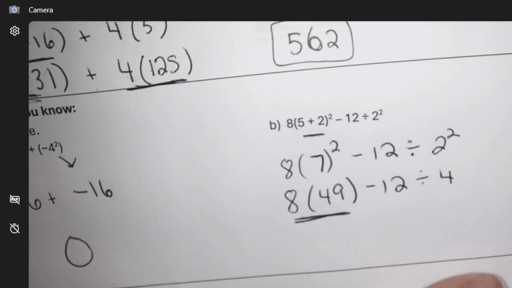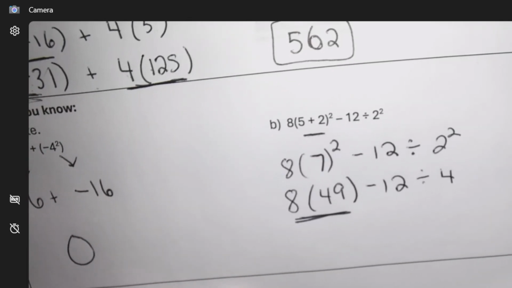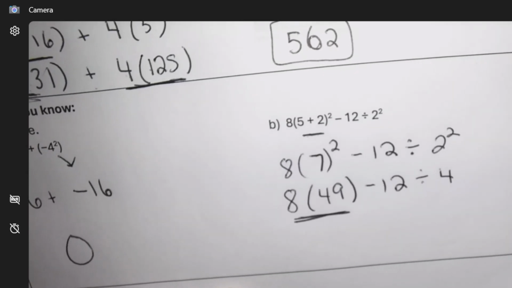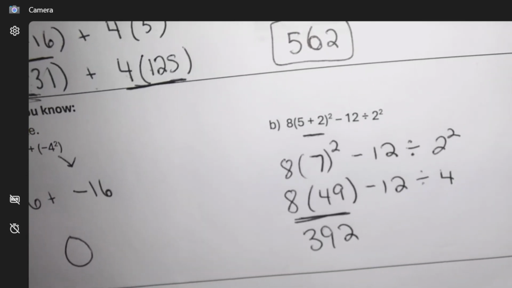Well, 8 times 5 is 40, so 400. Okay, so then what do you got? You went 1 extra 8, so we have to do 1 less 8. So what are we at? 392. Look how fast we can multiply. Mental math.